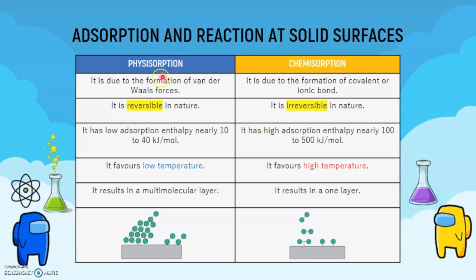Physisorption occurs due to the formation of van der Waals forces or weak forces, while chemisorption occurs due to the formation of covalent or ionic bonds or strong bonds. Physisorption is reversible in nature, while chemisorption is irreversible in nature. Physisorption also has low adsorption enthalpy, while chemisorption has high adsorption enthalpy. Physisorption favors low temperature, while chemisorption is vice versa, it favors high temperature.